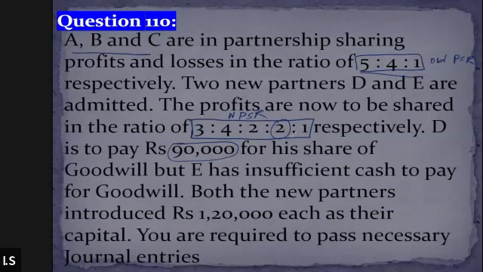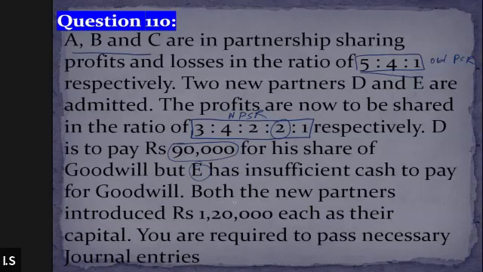So a 2/12 share, and after calculating his share, the value of the goodwill is 90,000. So on the basis of D's goodwill, we will be able to find out E's goodwill. All right, don't worry, I'll help you solve it. Both the new partners introduce 1,20,000 each as their capital. Okay. All right, so let's continue.